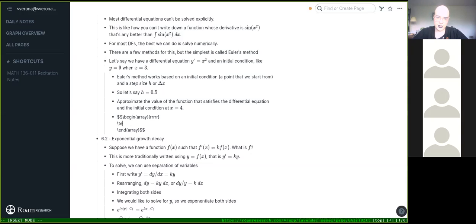So here's what I want to say. For each step, I'm going to have a line. And so I'm going to have an x value and a y value. I'm going to have a slope at this point where I am.